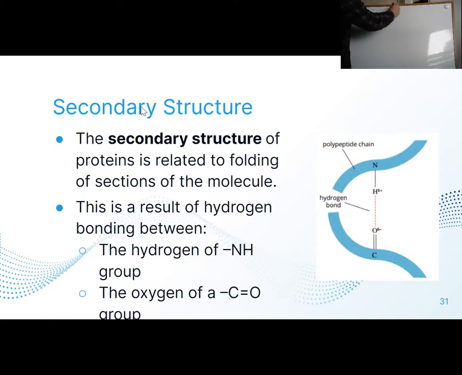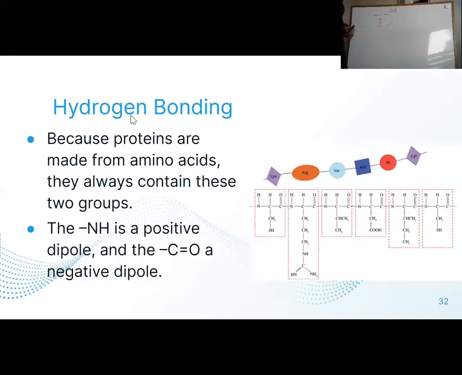And this is what we refer to when we're talking about proteins folding into shape, or folding into the wrong shape and causing diseases. So proteins, or these amino acids, always have these groups.